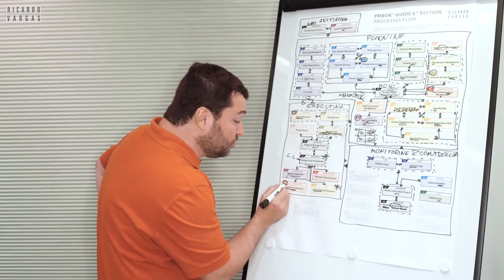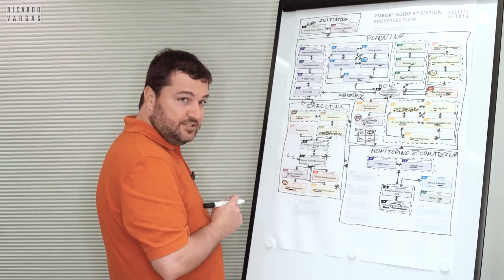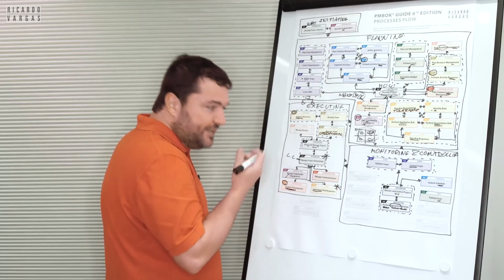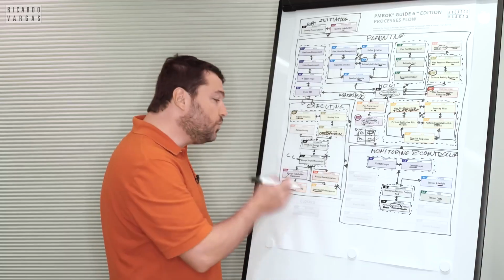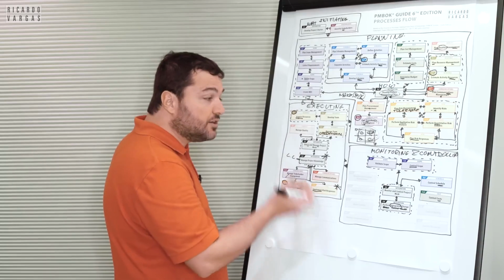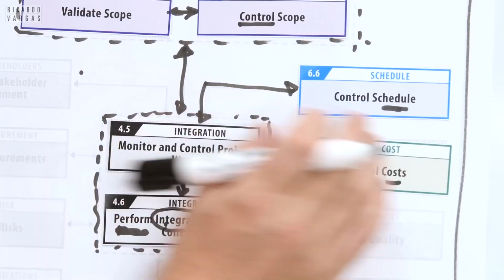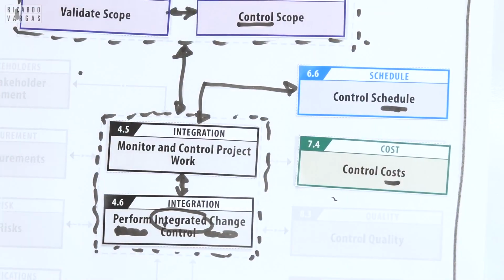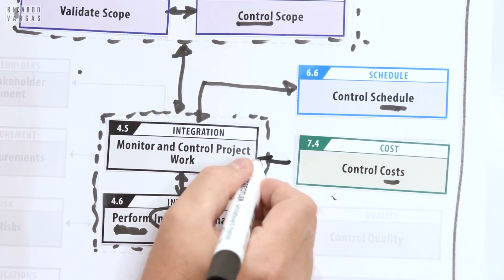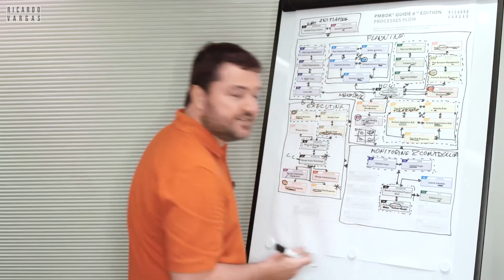Then you did on 12.2 a procurement process to hire or to buy this resource. And then the resource was much more expensive than what you expected. Then you start running over budget. Then you need to control this cost. So this is exactly how things work here. It's a very, very fluid process.